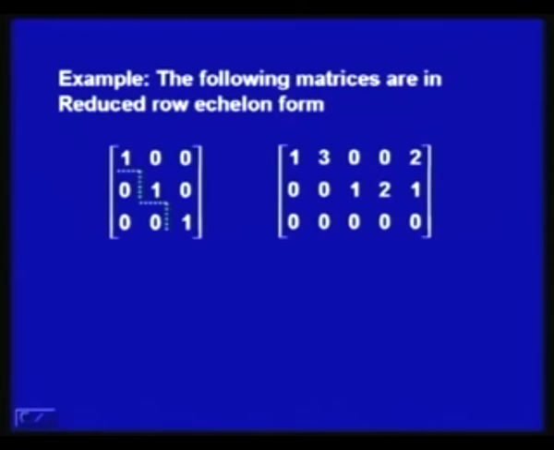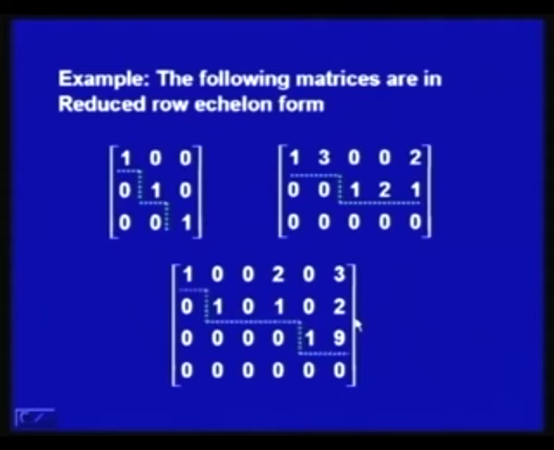This matrix is again in row reduced form: all 0 rows at the bottom, leading ones, and all the properties are satisfied. This matrix has all zeros at the bottom, again a staircase pattern. So, this is again in reduced row echelon form.